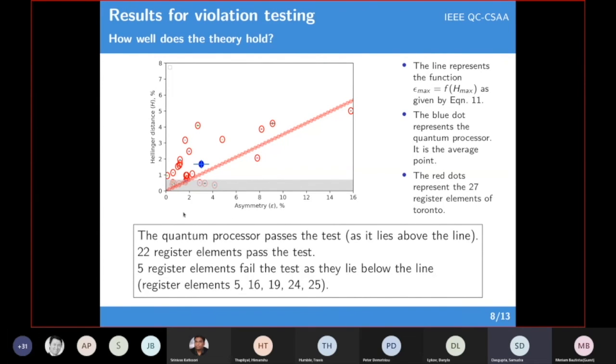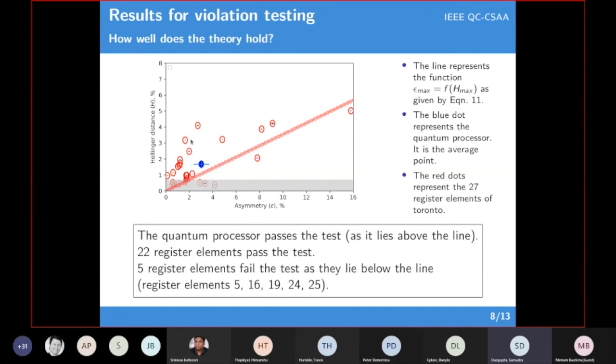Once again, the x-axis is the device asymmetry. The y-axis is the Hellinger distance. The line here is the theoretical model that we developed, where epsilon max is given as a function of H-max. The blue dot represents the quantum processor. It is the average point. The red dots, there are 27 red dots on this graph.